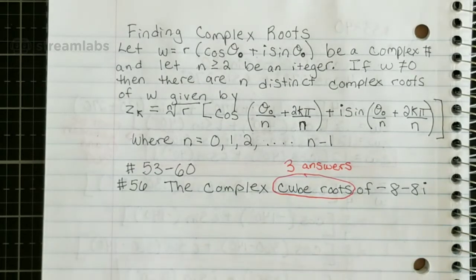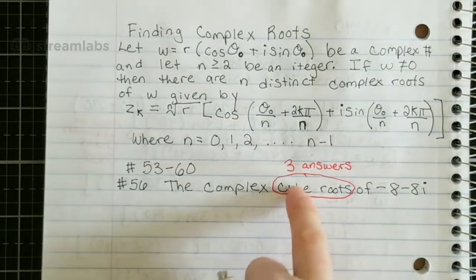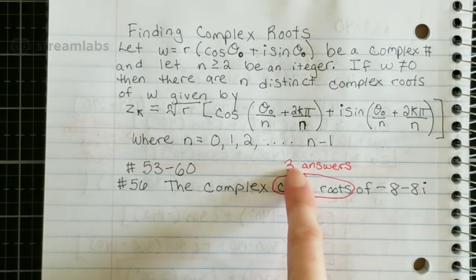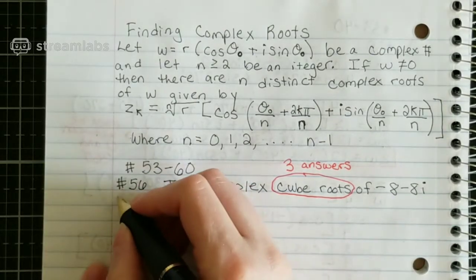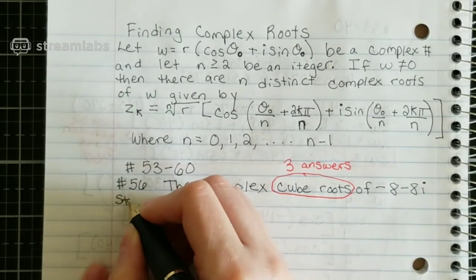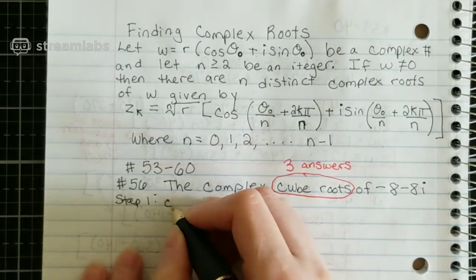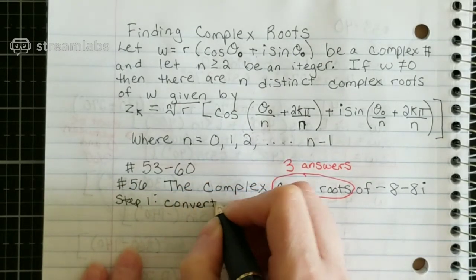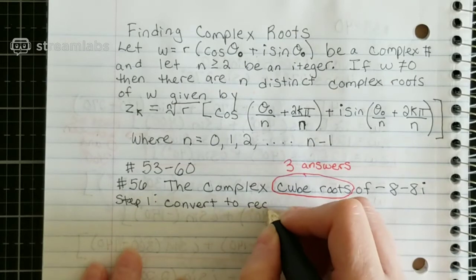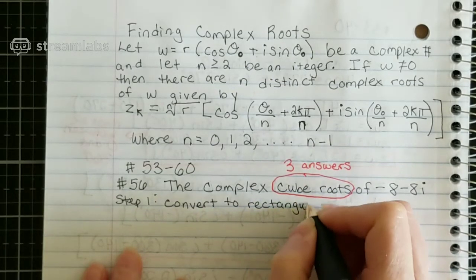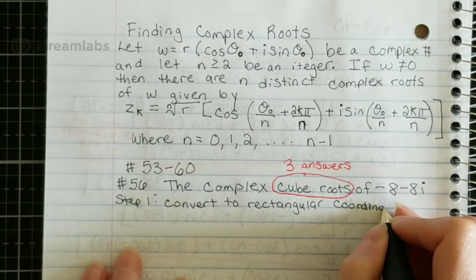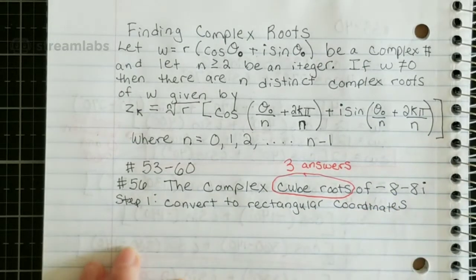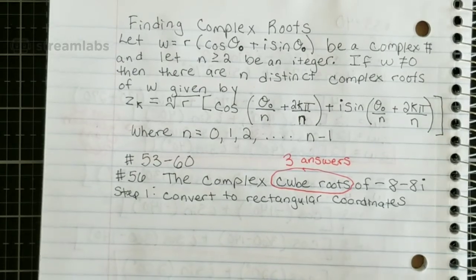You'll see when we get there. So this one is cubed, so we're going to have to do this 3 times. So the first thing you want to do is convert to rectangular coordinates. So that's the first step that we're going to want to do.